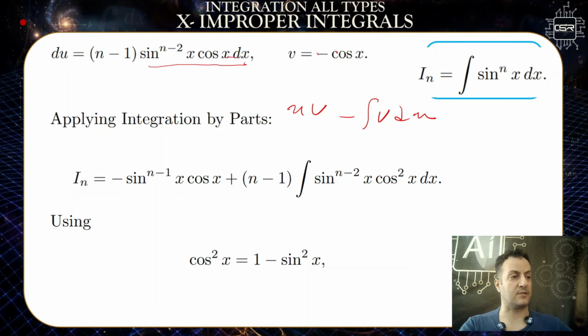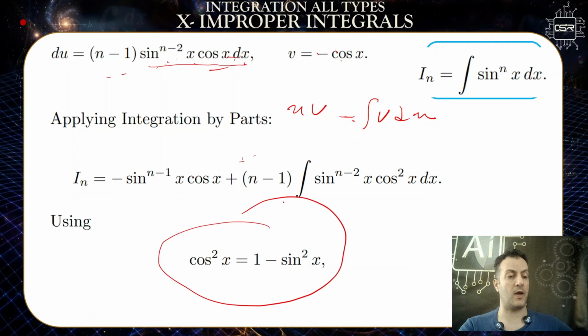You have minus on the outside, but with this minus of minus integral v du, it becomes plus. This is why you have n minus 1 positive sin to the power of n minus 2 x times cosine x times cosine x dx. So cosine squared x, and the minus is removed by this minus behind the integral. Using cosine squared x is equal to 1 minus sine squared x.